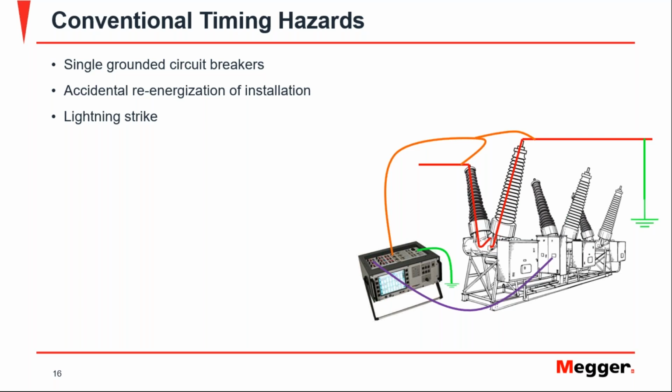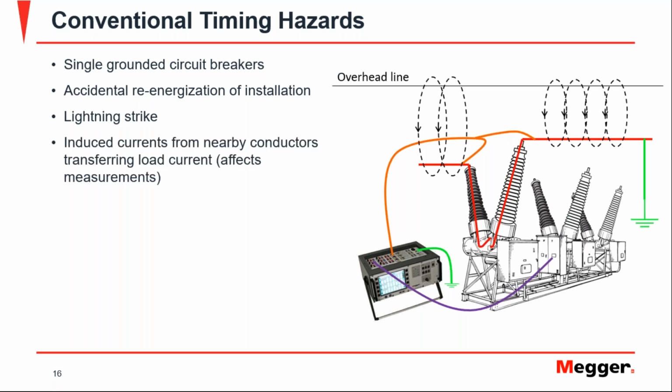And lightning strike: you are very close to the line that is coming, and you could have a lightning strike very far from the place you're testing, but it can come through the line. Also, you are next to overhead lines, and these can induce currents by magnetic coupling, and this might not be a safety hazard, but it may affect the results.